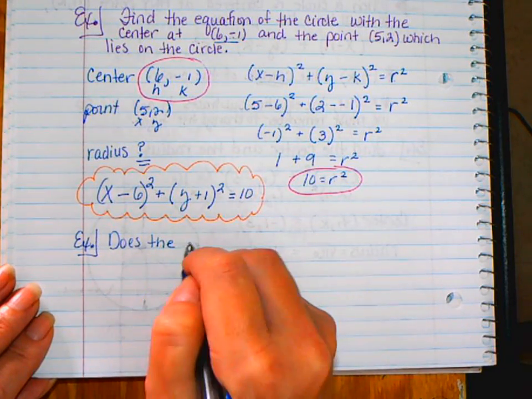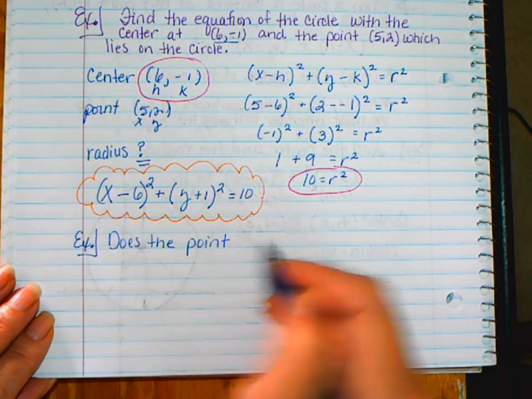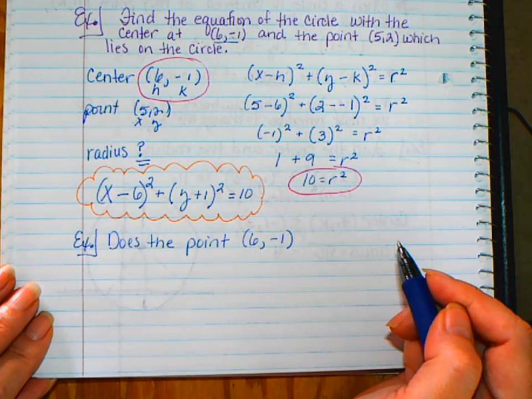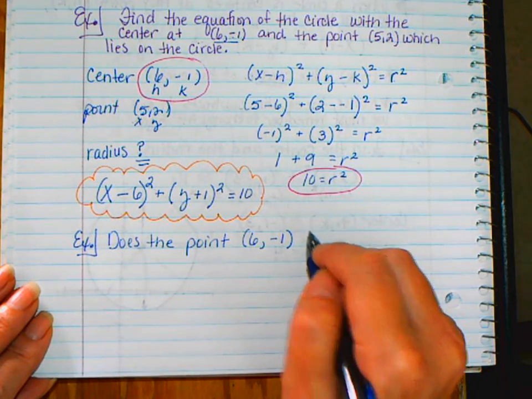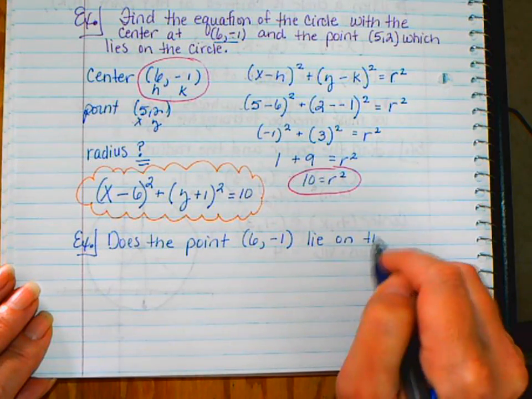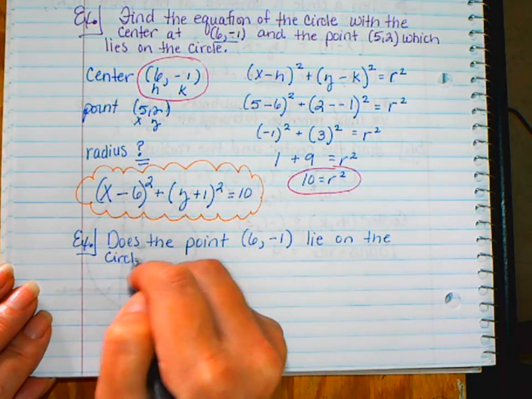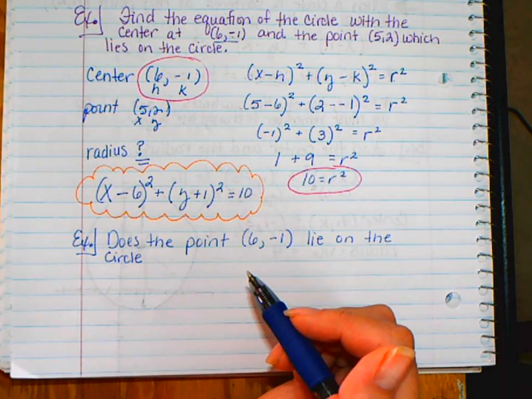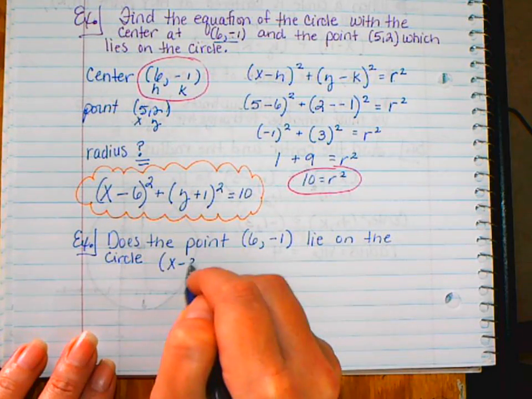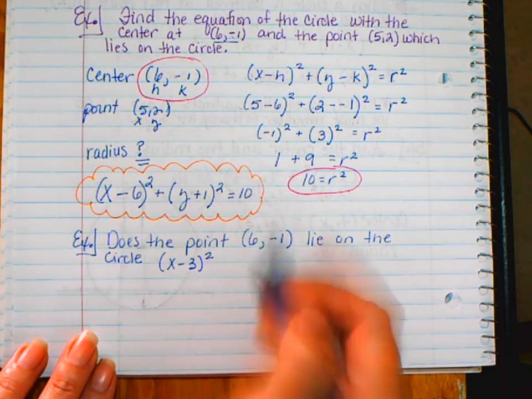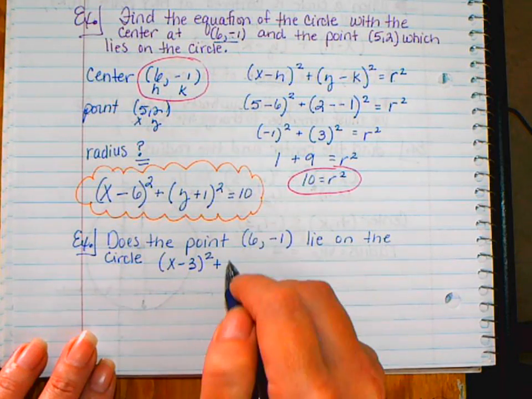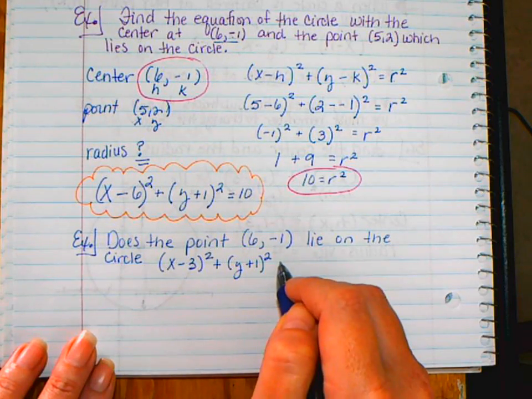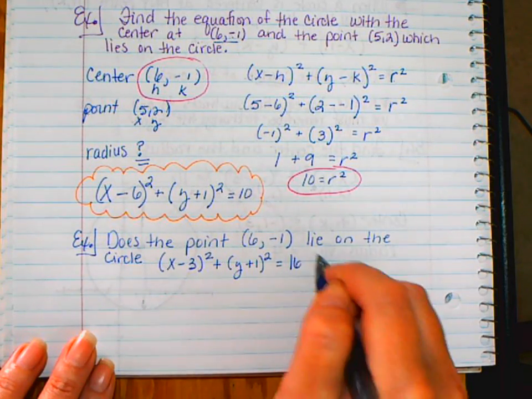Does the point (6, negative 1) lie on the circle (x minus 3) quantity squared plus (y plus 1) quantity squared equals 16?